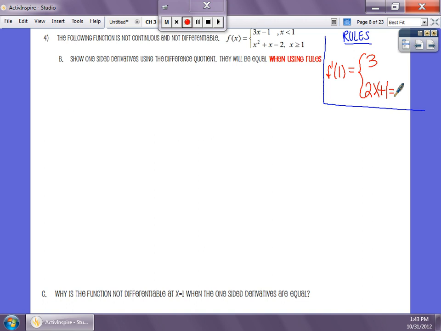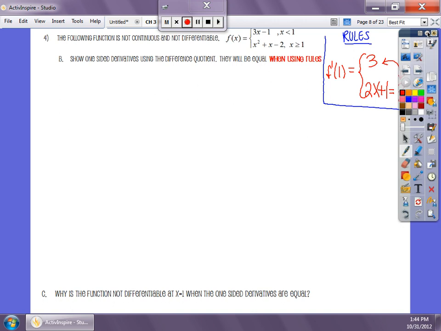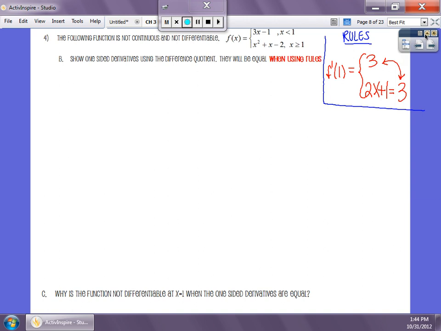But I'm going to substitute in 1 and get 3. So it looks as though the derivative exists, but we know it doesn't because it wasn't continuous at 1. Now I'm going to show you that when you use the difference quotient, it is very evident that the derivative doesn't exist at x equal to 1.